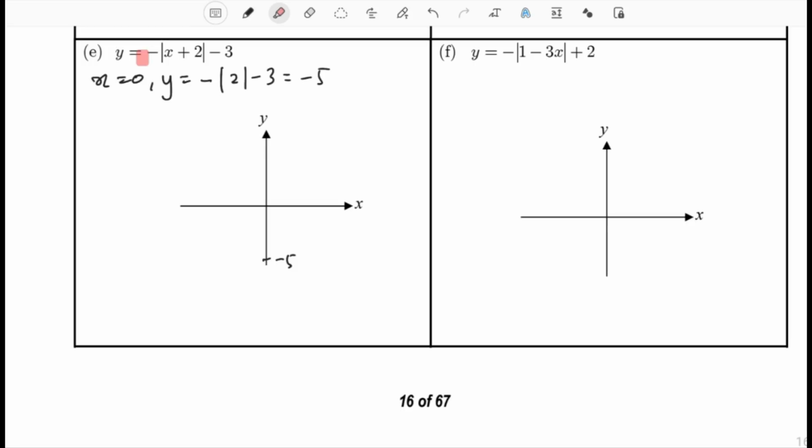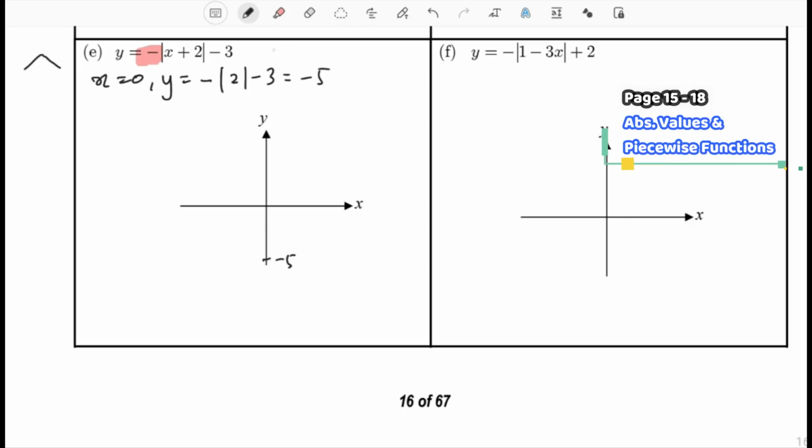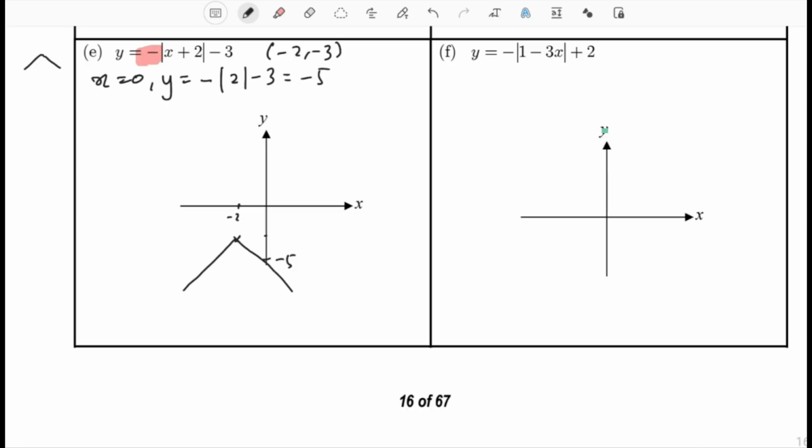So when you see here, we have a negative in front, so meaning we have the indicator that the graph looks something like this. So we have a maximum point which is (-2, -3). So find (-2, -3) somewhere here. This is -2 and -3 here. So this is how the graph should look like. Okay, so let's do it nicely.